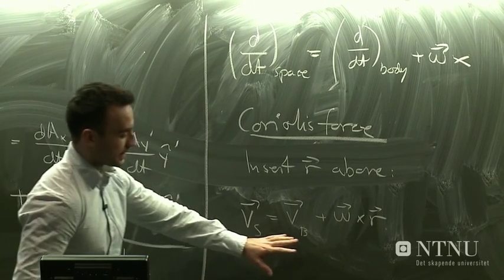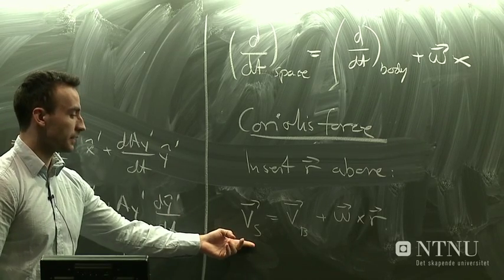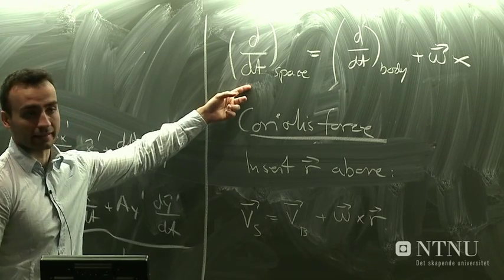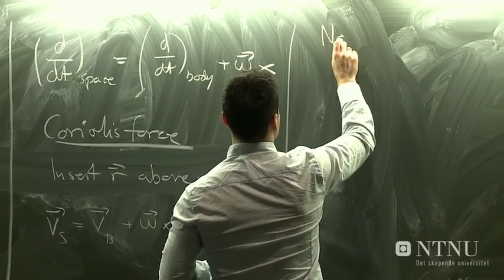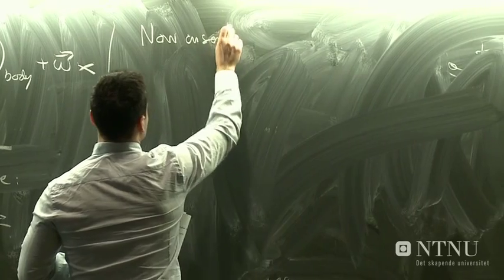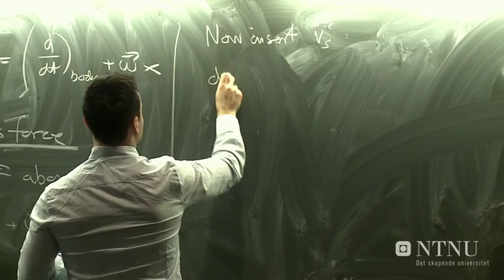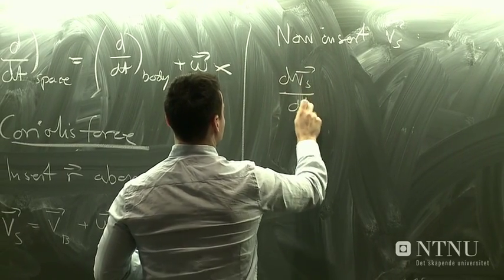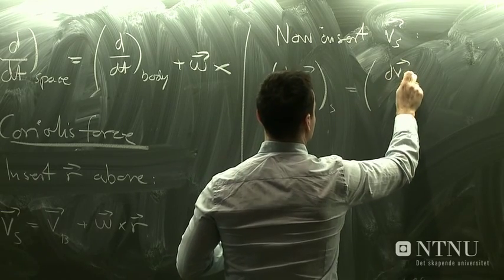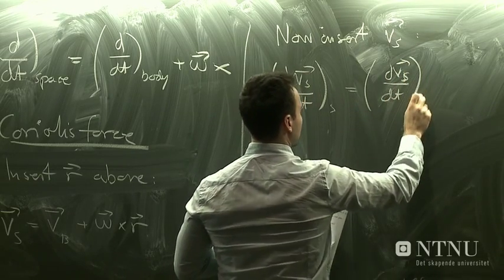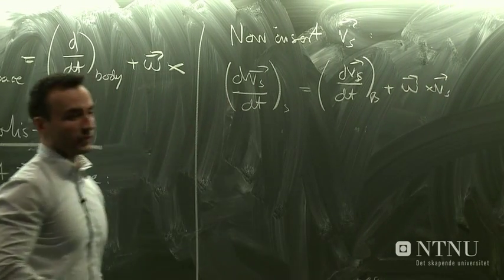Okay, so we know that this makes sense. Now let's see what happens if we take this new vector and insert it again into the operator relation, which gives us this.